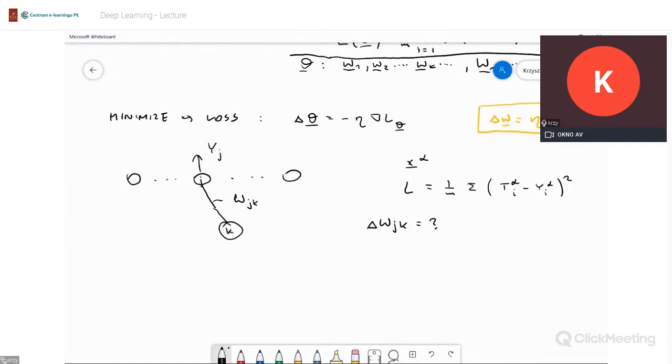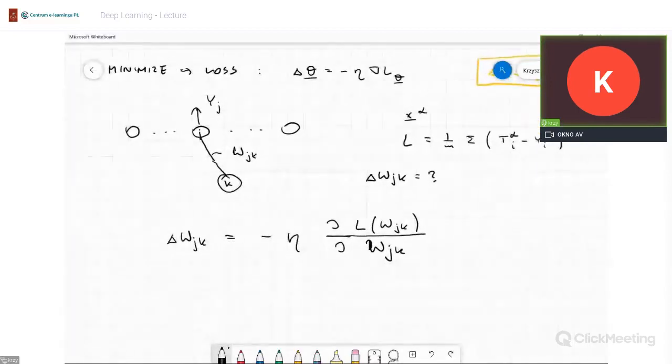My loss function depends on this particular weight, so I should take a step opposite to the direction of the derivative of this function with respect to this parameter. This should be the update of my weight.